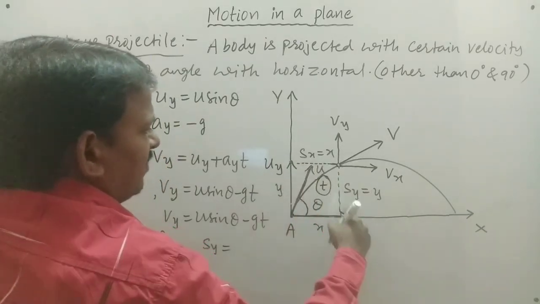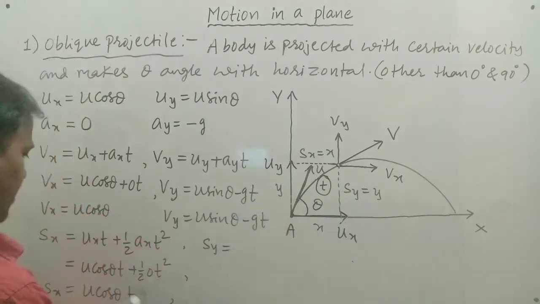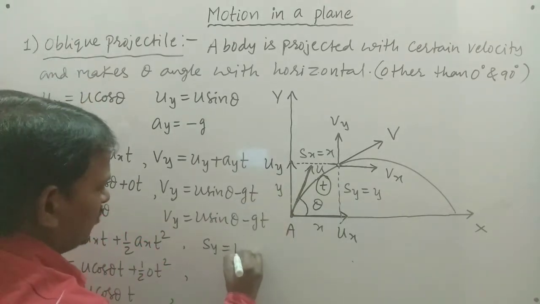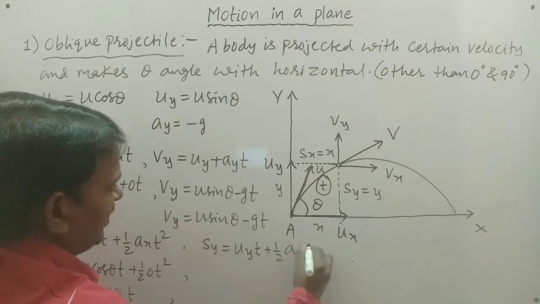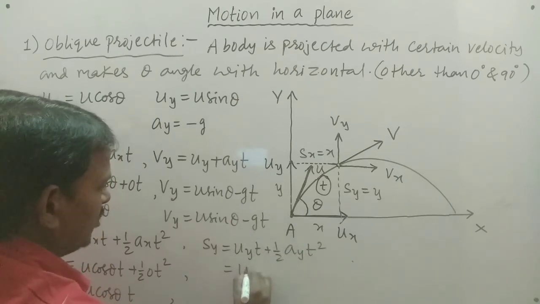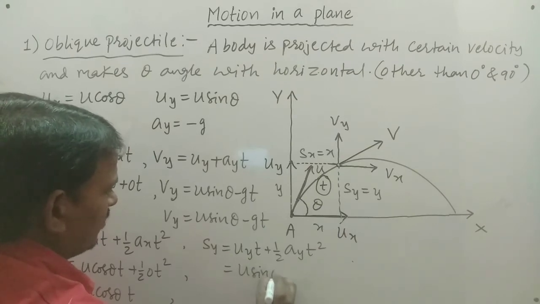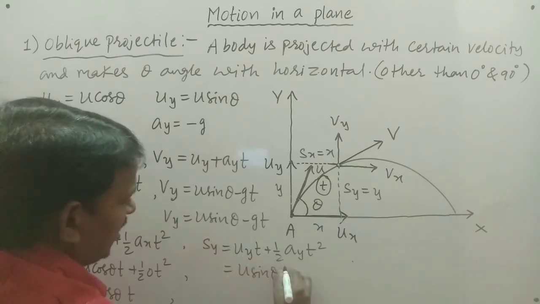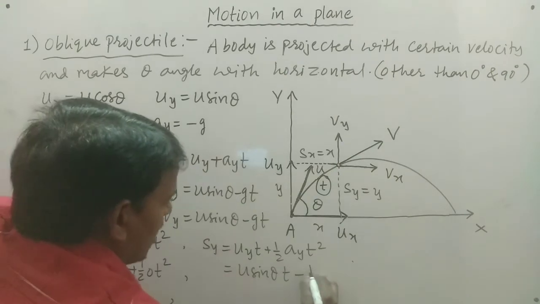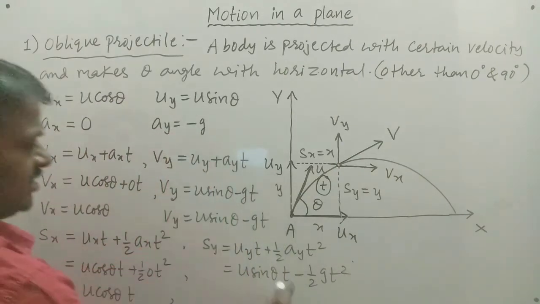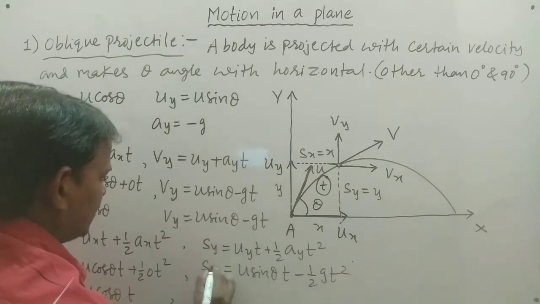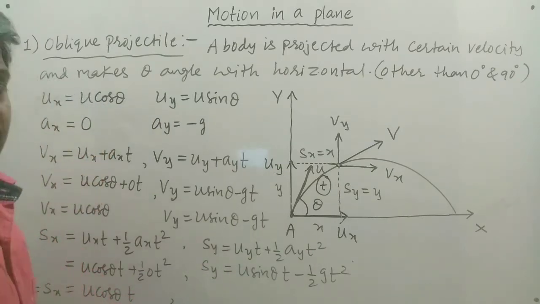Opposite sides are equal here. This also y. Next Sy is equal to uy t plus half ay t square. Then u sin theta into t minus half g t square. Ay is equal to minus g. No? Then we got this Sy equation.